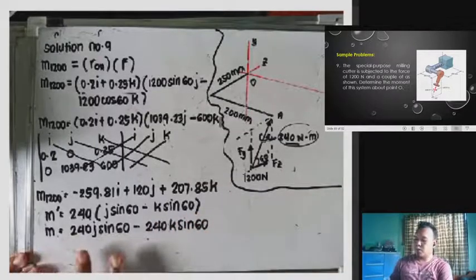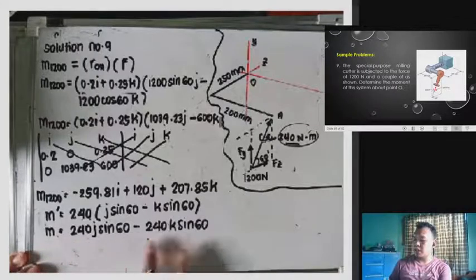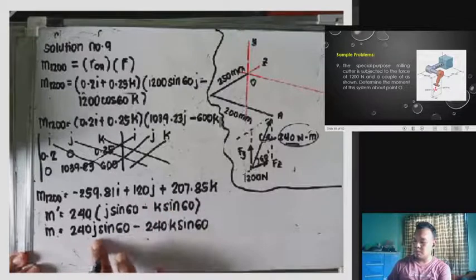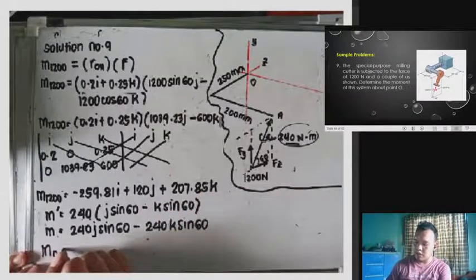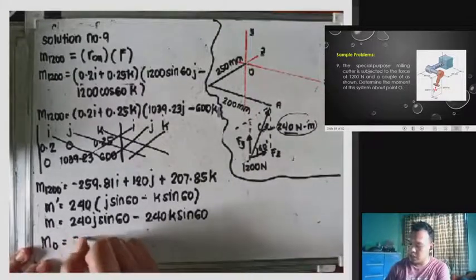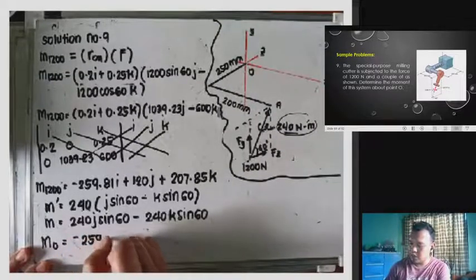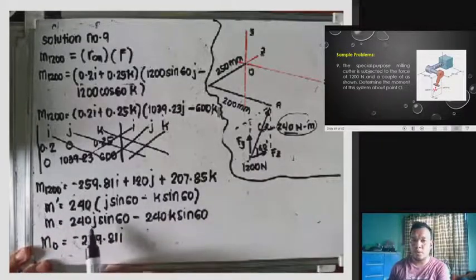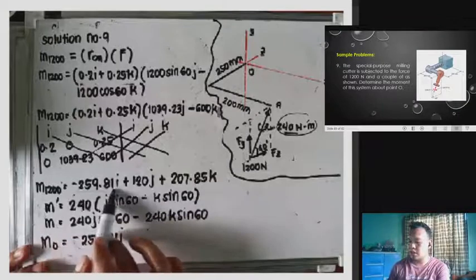Then, pagsasamahin mo po yung may j at yung may k. So, itong j dito, itong 120 plus nito. So, lalabas, MO natin is equivalent kay, pagsasamahin natin, so we have here negative 259.81i. Kasi nga, walang i dito, so wala tayong ipa-plus. So, ito lang siya, as is.